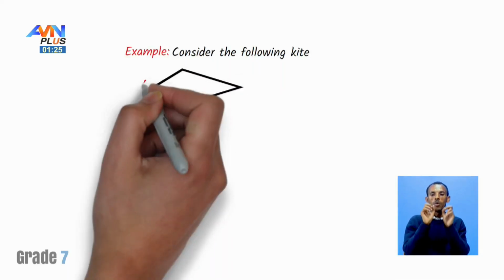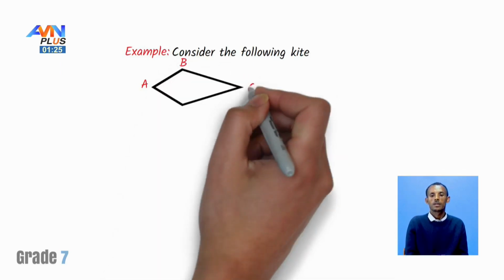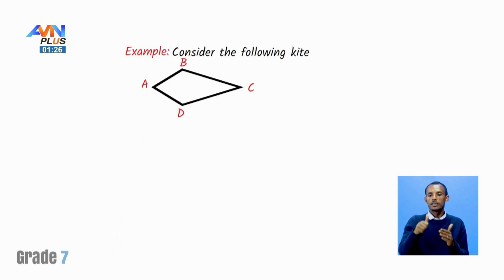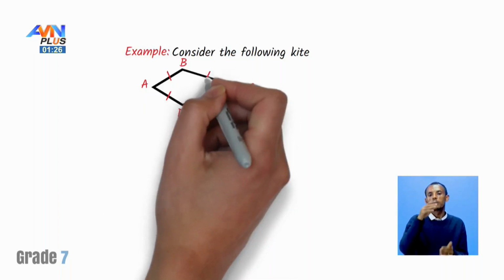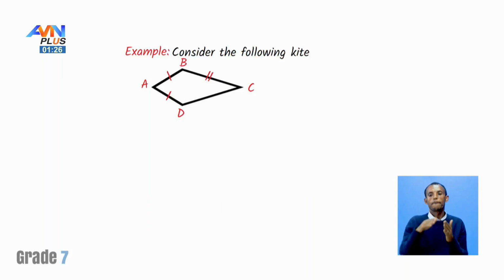A, B, C, D. The adjacent sides of the kite are congruent, but the opposite sides are not congruent. These two are congruent. Again, these two are congruent. Let's give them the same mark for congruent sides.